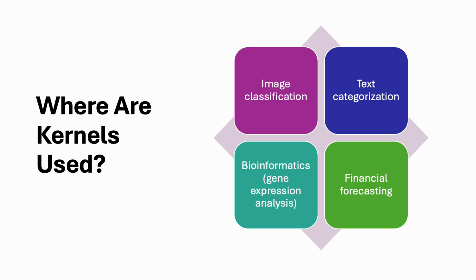Where are kernels used? As discussed, handwritten digits, image classification, text categorization, bioinformatics such as gene expression analysis, and financial forecasting. Let's look into this with one example in a little bit more depth.